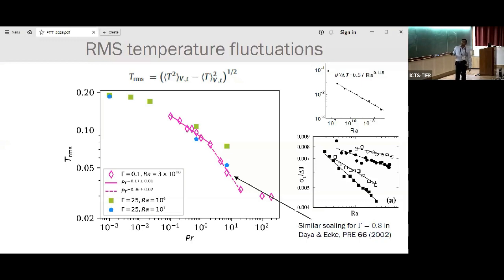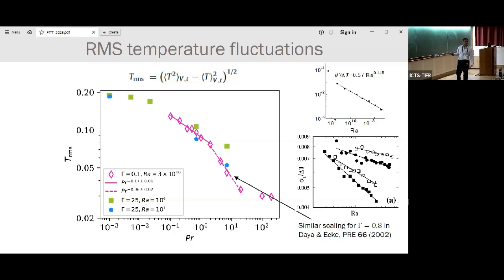A similar dependence is observed on Rayleigh number. Here, the data is from an experiment in an aspect ratio 0.8 cell by Jaya and Robert Eke, and we have Rayleigh number dependence, which also decreases. So TRMS, root mean square fluctuation, this is in the central region of the cell, not in the entire domain.